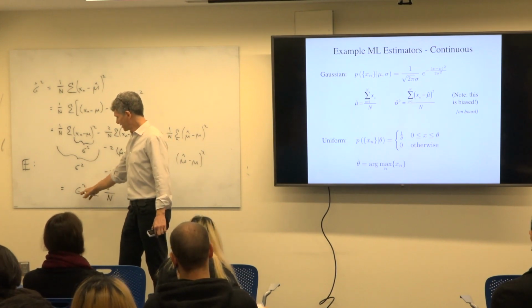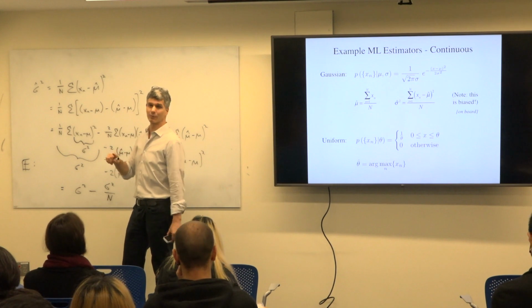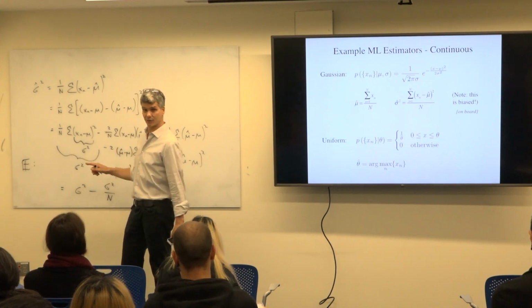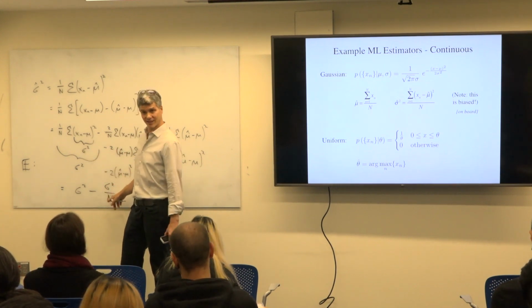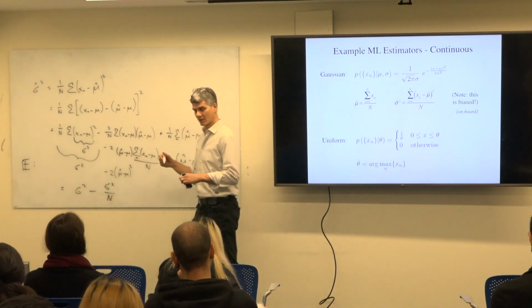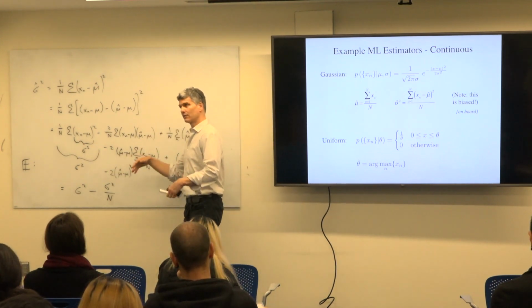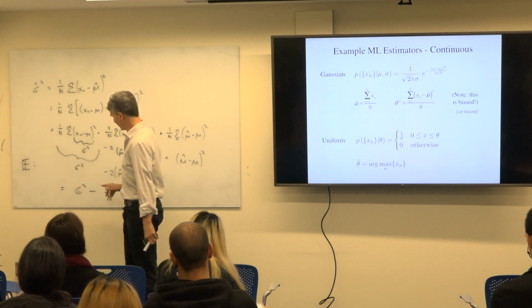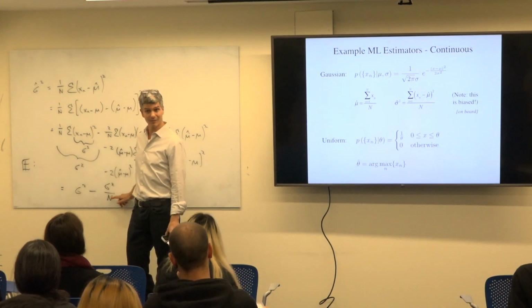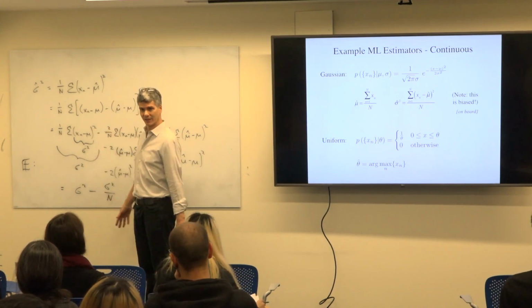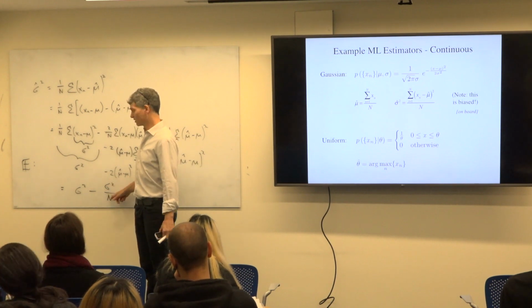The point is, this thing is not equal to the true variance, but the more data I have, the closer it gets, right? Because if I gather more data, n is going up, more and more data points. And asymptotically, in the limit, as I gather lots and lots of data, this term is going to get really tiny, right? I make 1 million measurements. This is sigma squared divided by 1 million.